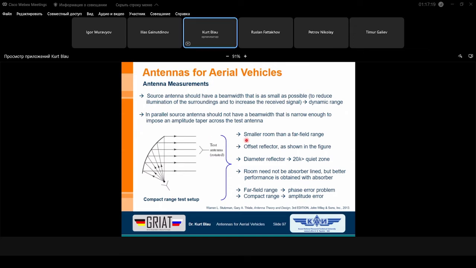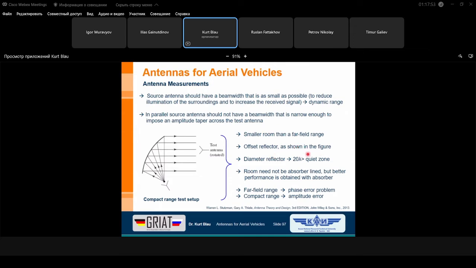The advantages are that you can use, in this case, smaller rooms than you would need to realize the far field condition, with the help of this offset reflector. The diameter of this reflector, which is, in a certain range, a disadvantage, should be larger than about 20 times the wavelength, to realize the so-called quiet zone.